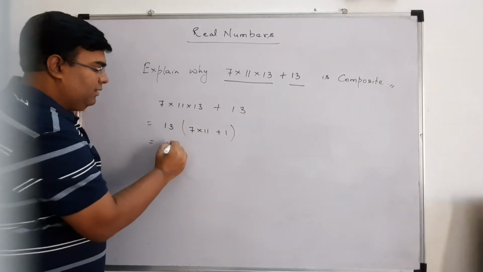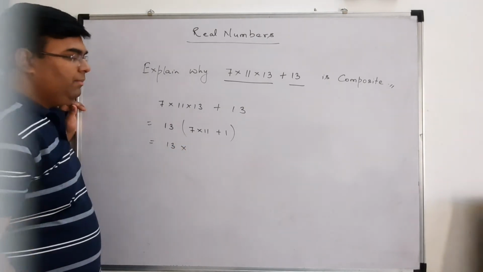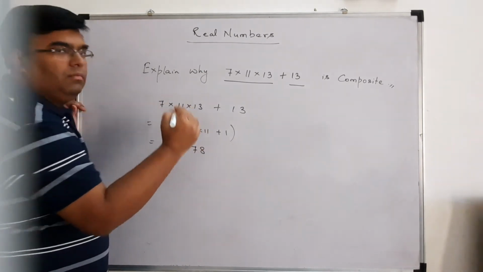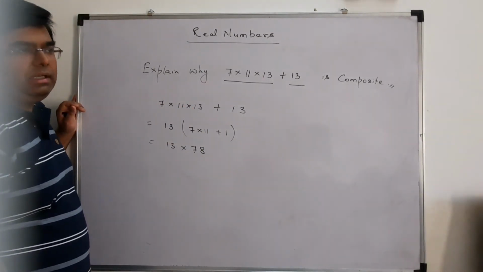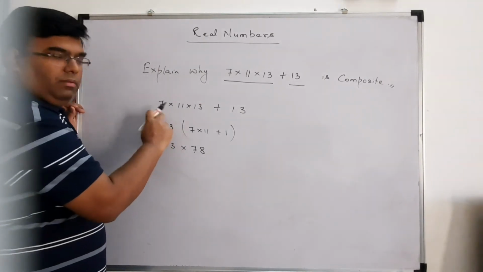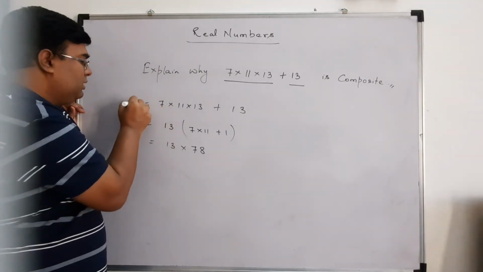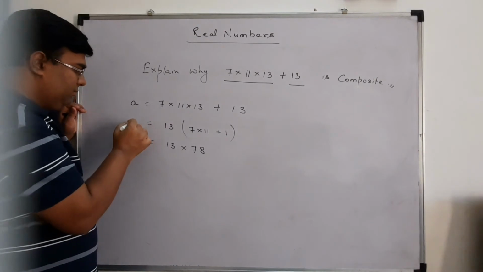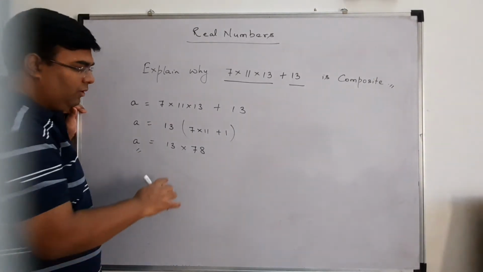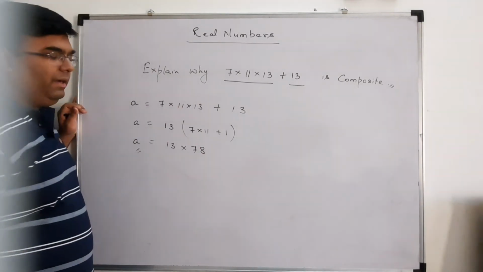Now we can write it like 13 multiplied by 77 plus 1, 78, correct?